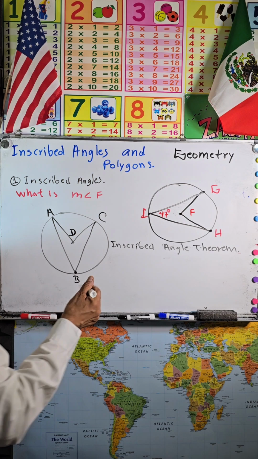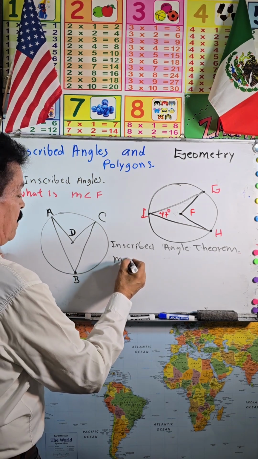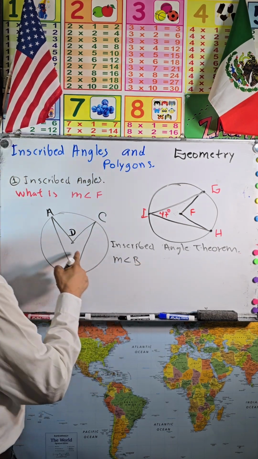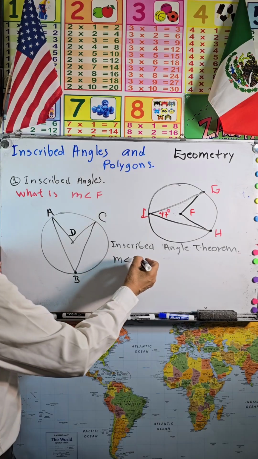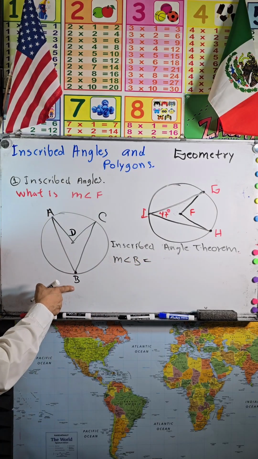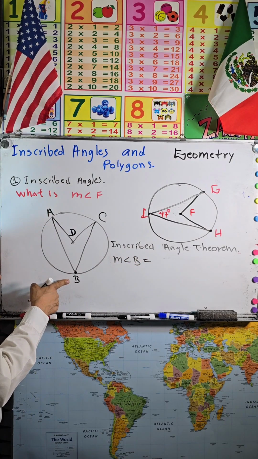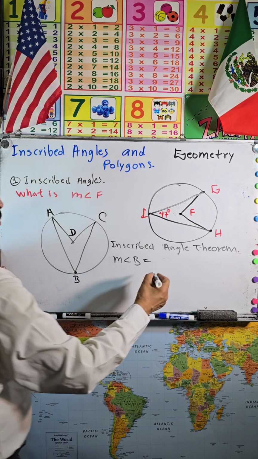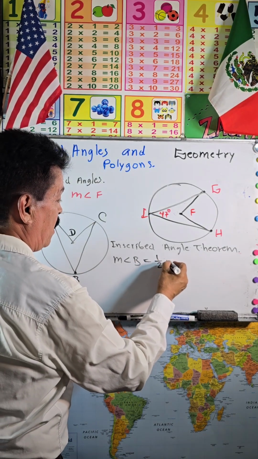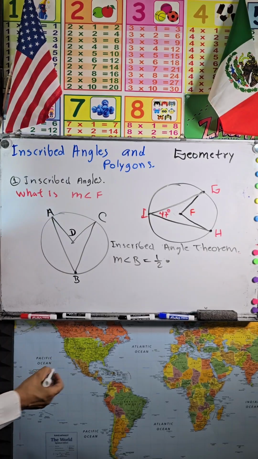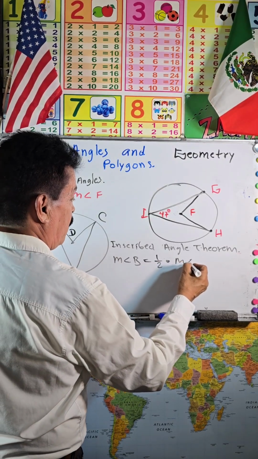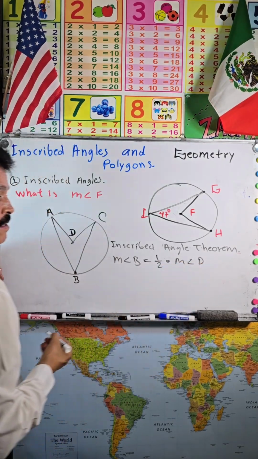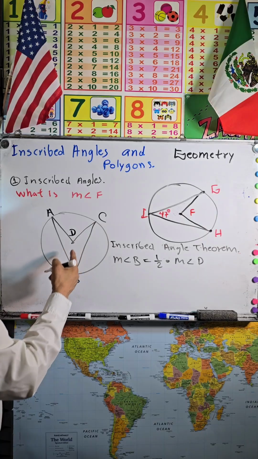The measure of angle B here, this is the inscribed angle, is equal to 1/2 times the measure of angle D. This is the formula. All right, the angle D.